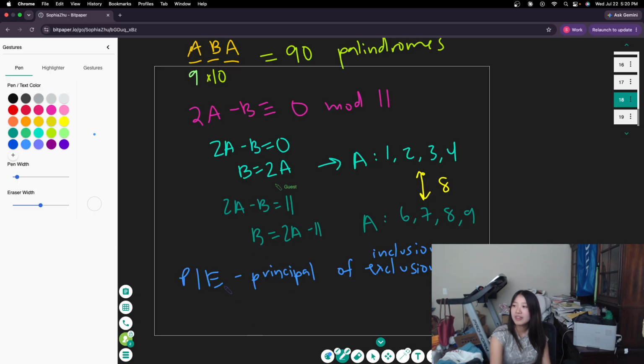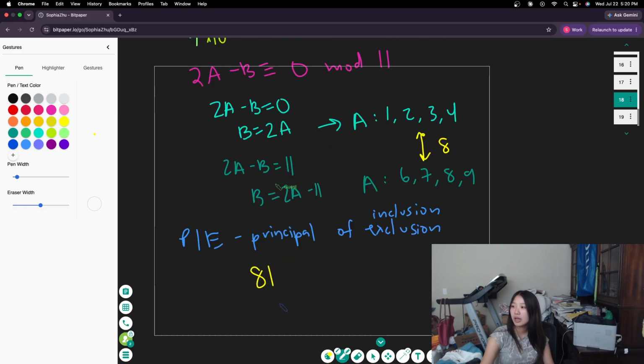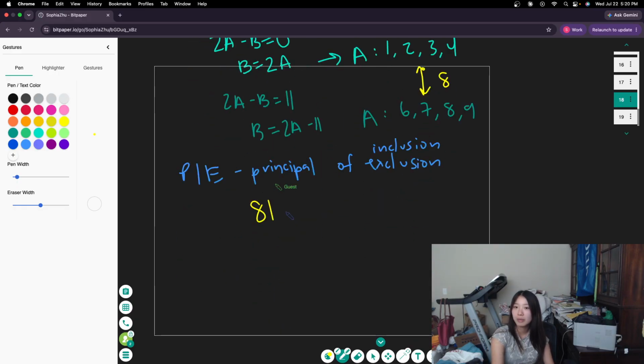And so that is our multiples of 11, which is 81 as a reminder. Then our palindromes, which another reminder was 90. And then those 8 that we found that are both, excuse me, to find 163.